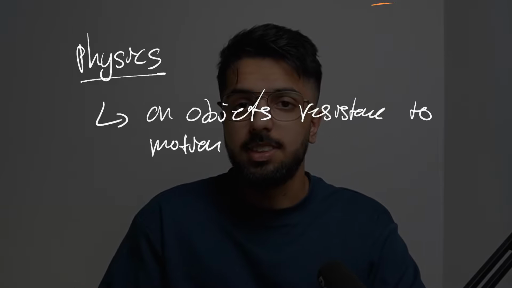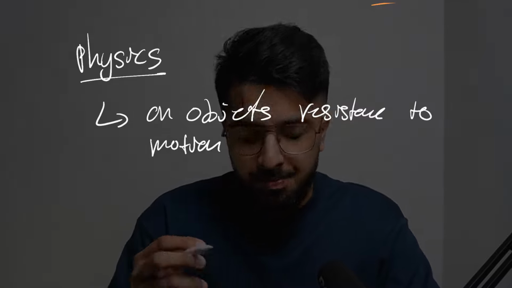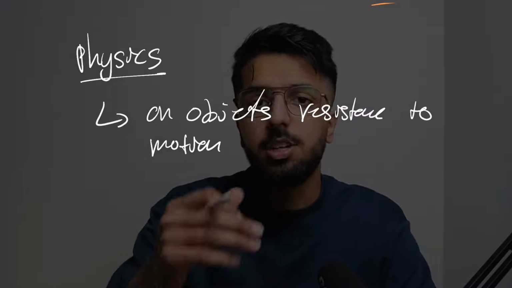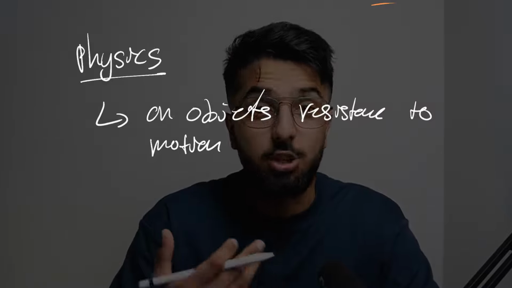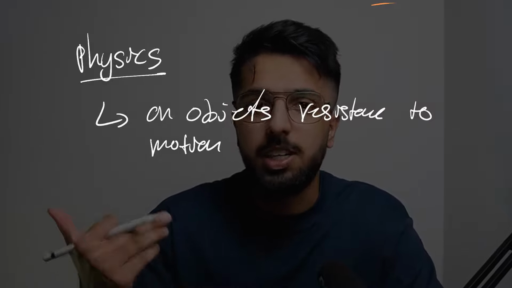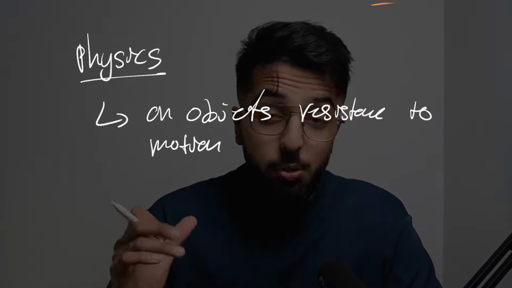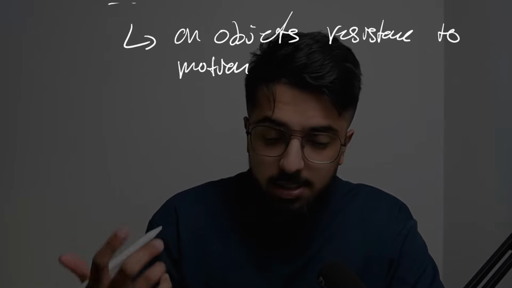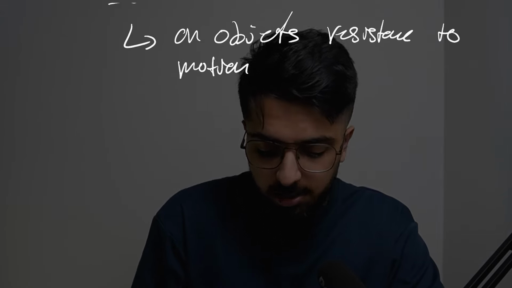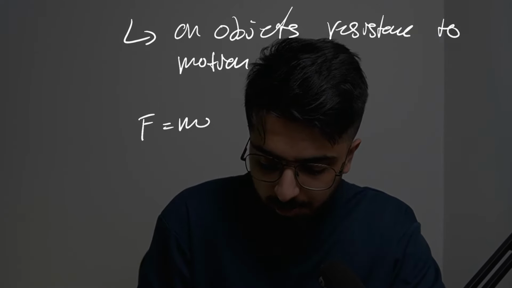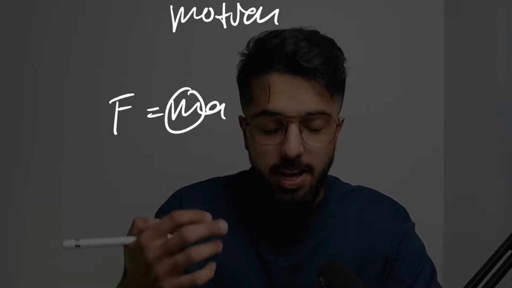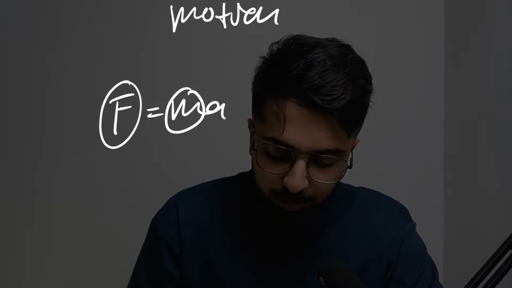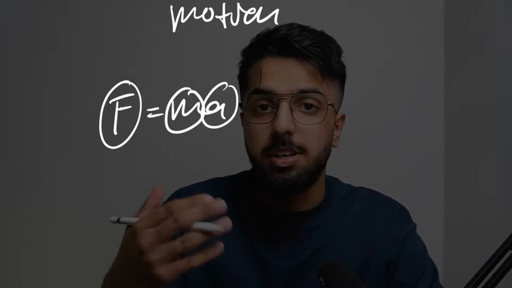Now, intuitively, this definition should make sense, right? We know intuitively that a heavier object is harder to move, right? So like a steel ball, like a shot put maybe, is harder to move than a tennis ball, let's say. And also, this makes sense when we consider Newton's second law, right? F is equal to ma. If an object is more massive, meaning it has more mass, we require a larger force to produce an equal amount of acceleration.